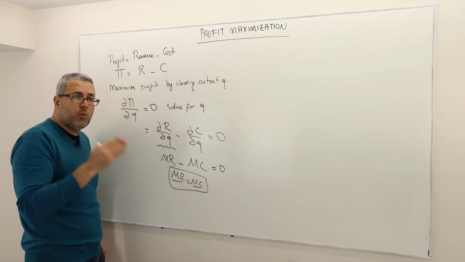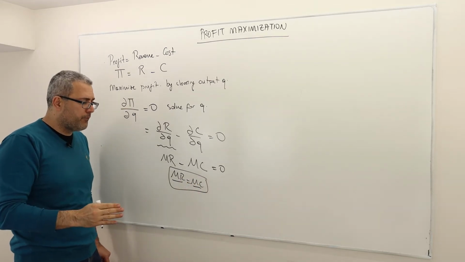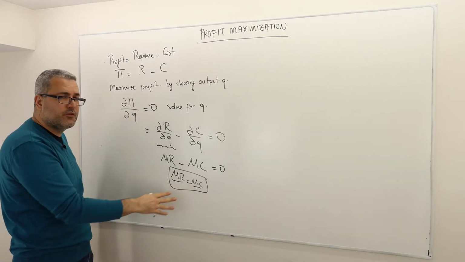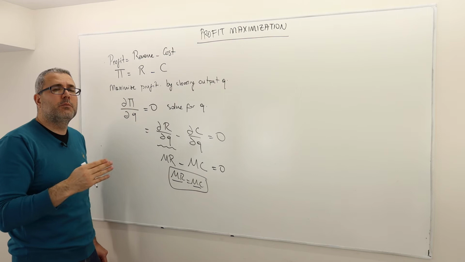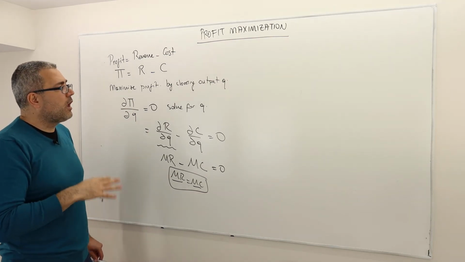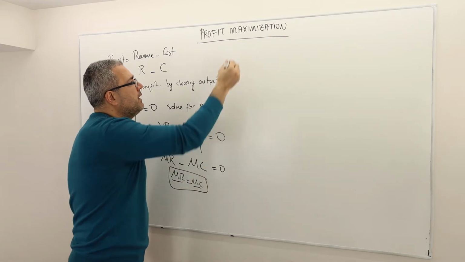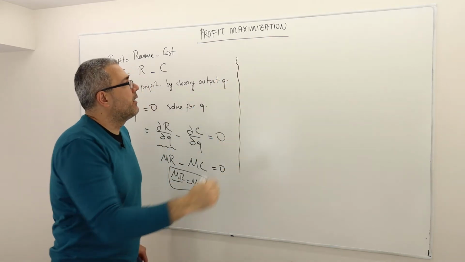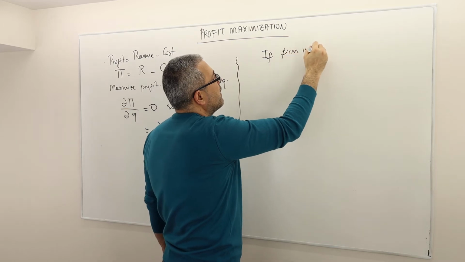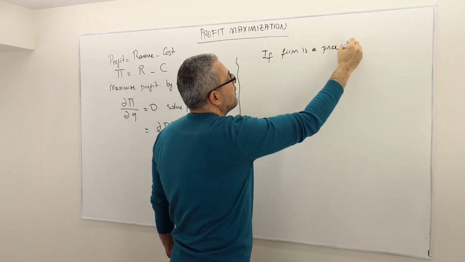All right, so that's always true. So any firm that wants to maximize its profit by choosing quantity has to choose its quantity where its marginal revenue equals marginal cost.